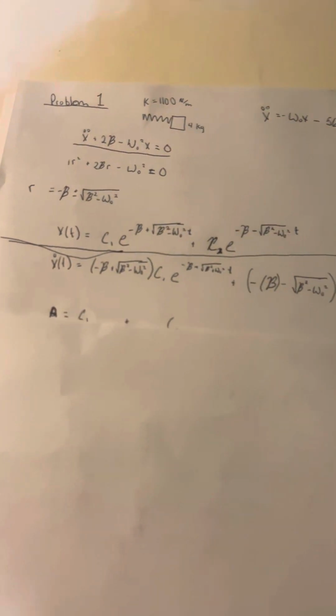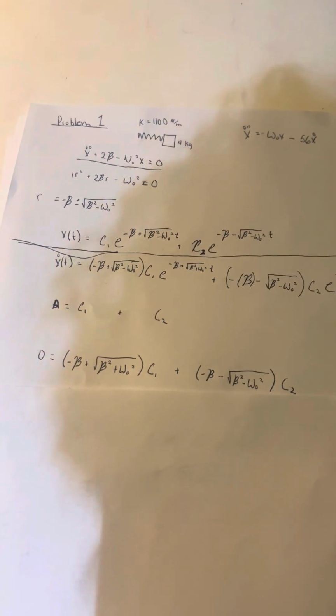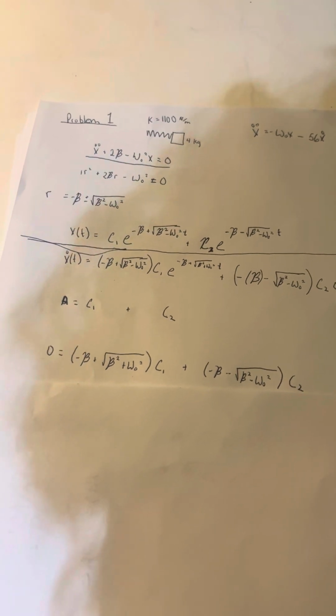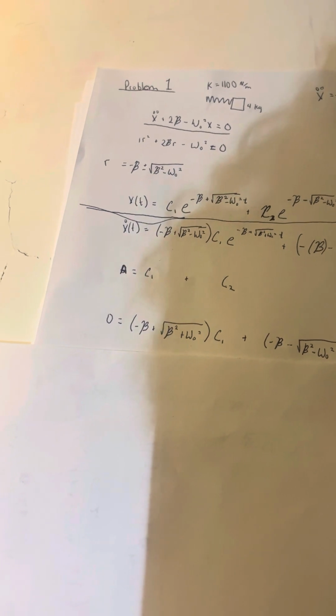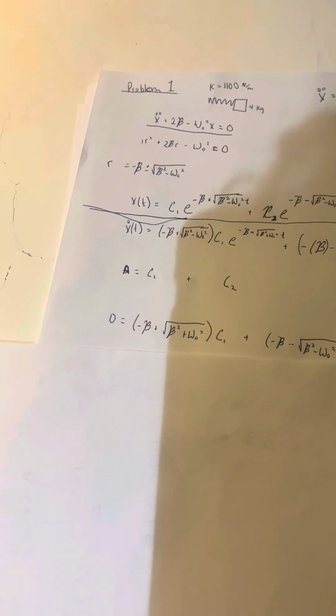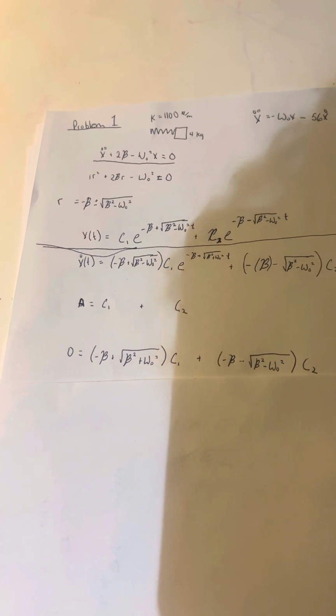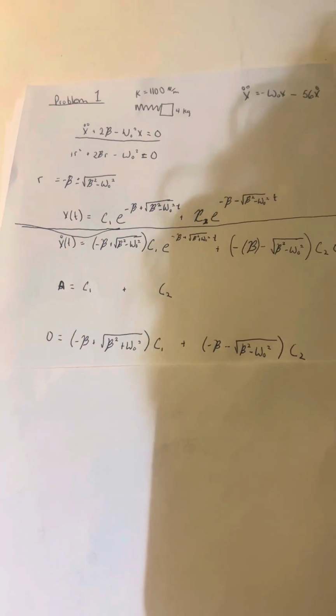The boundary conditions were given as x of 0 is equal to a, and x dot of 0 is equal to 0. Because the only t in the equation is in the exponents, and the exponent of 0 is equal to 1, it turns into a is equal to c1 plus c2, and 0 is equal to negative beta plus the square root of beta squared minus omega squared times c1, plus negative beta minus the square root of beta squared minus omega squared times c2.